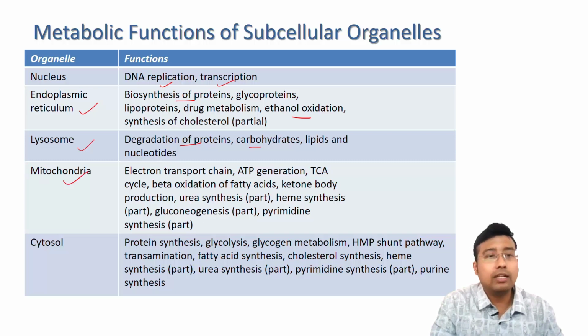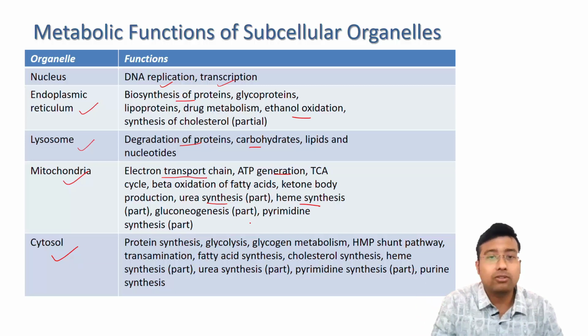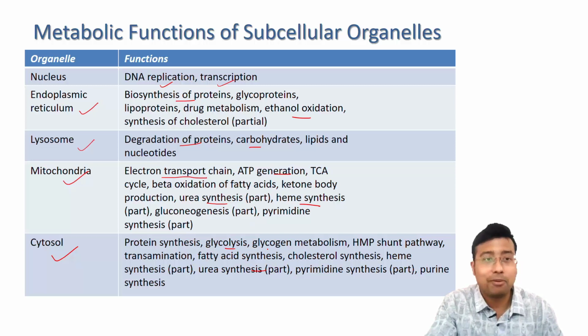Next, mitochondria, definitely electron transport chain, ATP generation, Krebs cycle, everything takes place in mitochondria. And as I told you previously, heme synthesis and urea synthesis are important when you go to later parts of the curriculum. And lastly, cytosol, there are multiple processes that take place in the cytosol, so you can mention any two of them or more.